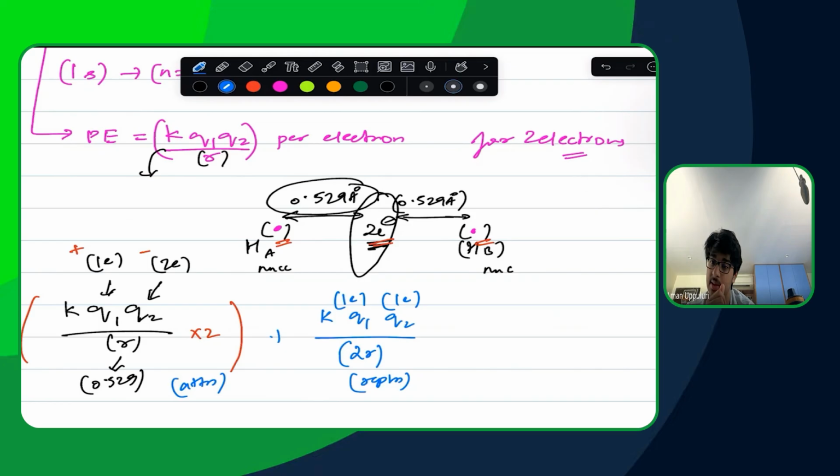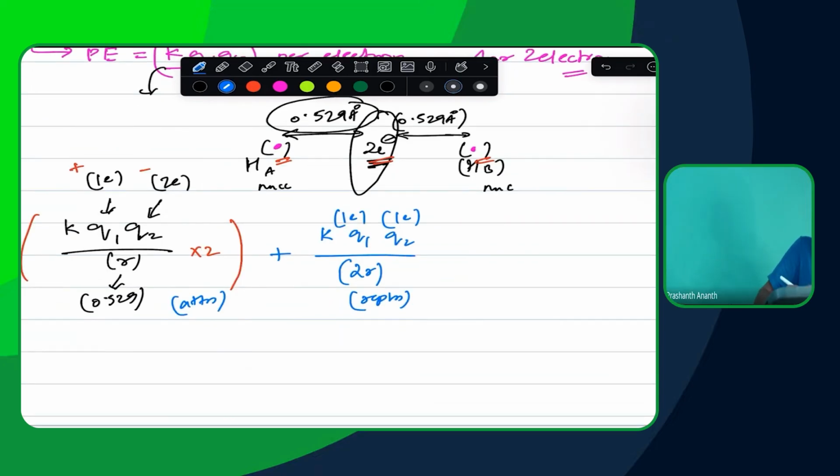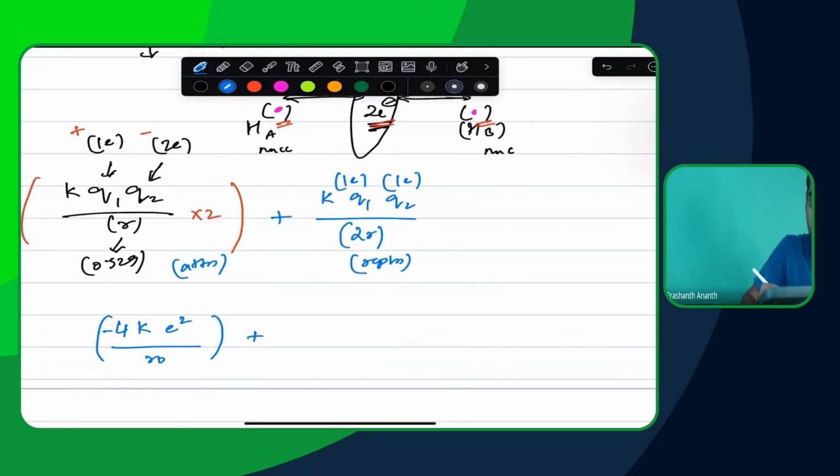So net value will work out as how much over here? We'll be having minus 4Ke squared divided by R naught with a minus sign, and this will be plus Ke squared divided by 2R naught.